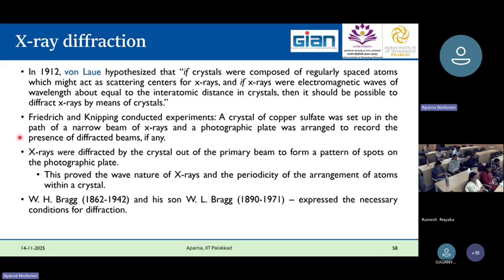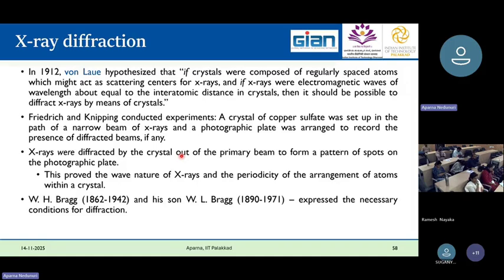To prove this hypothesis, he worked with Friedrich and Knipping, and they studied the crystal structure of copper sulfate. They placed the copper sulfate in the path of a narrow beam of X-rays, with a photographic plate kept at the other end, and they recorded the presence of diffracted beams. Through this experiment they understood that X-rays have wave nature, and they also saw the periodic arrangement of atoms, which tells us about the crystal structure.